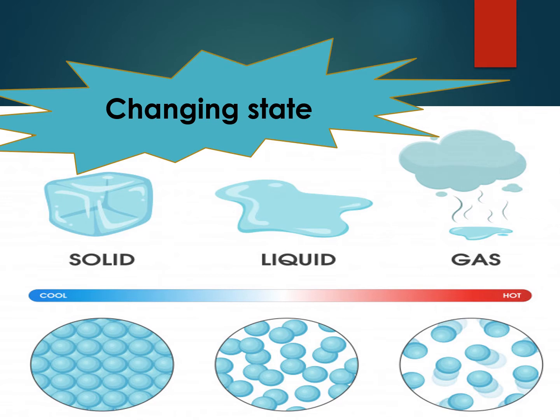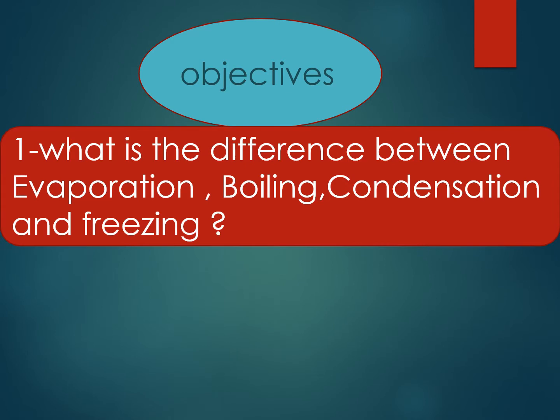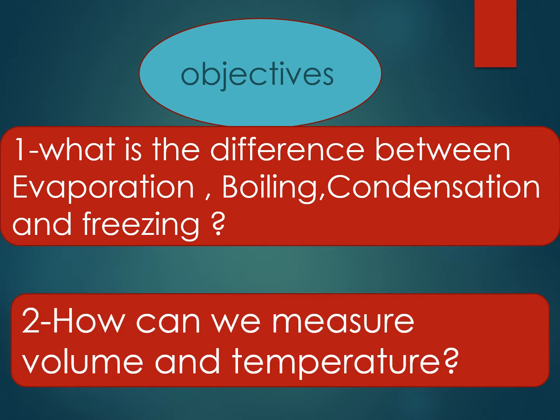Here a little bit bigger, here very big spaces, and the particles move in a random way and are free to move in any direction. Our objectives. First one, what is the difference between evaporation, boiling, condensation, and freezing? Second one, how can we measure volume and temperature?